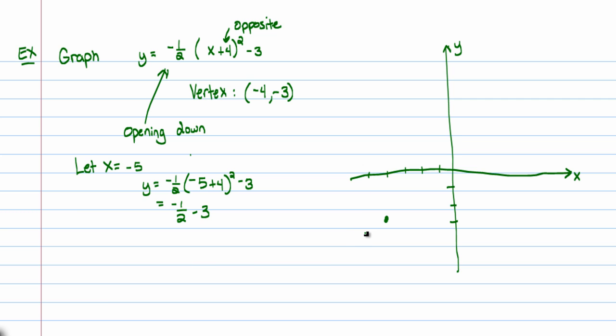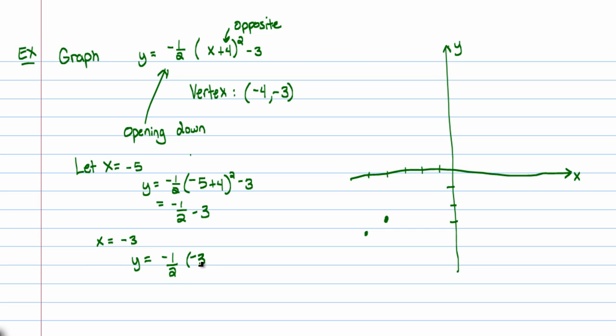somewhere around here. And to find another point, our center point here is at x equals negative 4. So let's let x equal negative 3. In other words, go 1 point to the right. This is what I call the wiggle. You wiggle 1 to the left and wiggle 1 to the right to find some extra points. When you do this, you'll find out that it's a symmetric point.